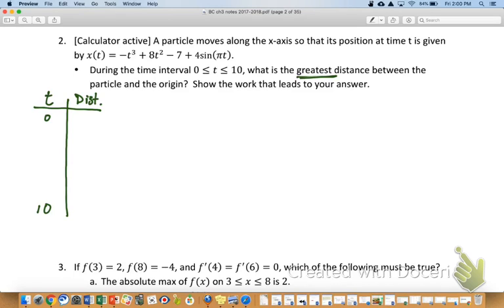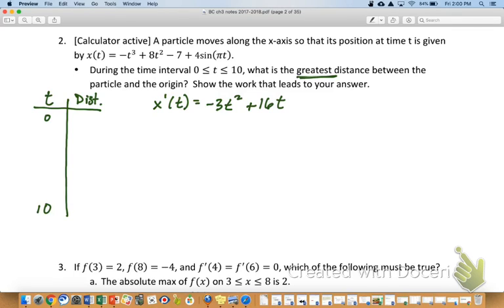So if we're going to find x prime, what's the derivative of the first term? Negative 3t squared. That's a power rule. How about the second term's derivative? That's another power rule. What's the derivative of a constant like minus 7? 0. Awesome. And then what rule needs to be applied to the last term?